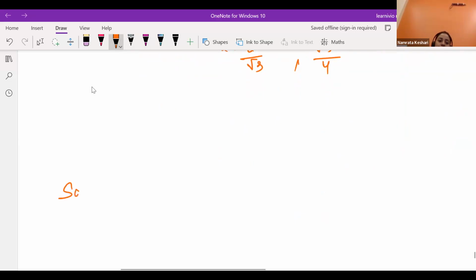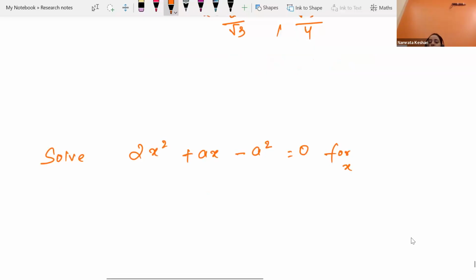Solve 2x square plus ax minus a square is equal to 0 for x. Here we will see whether we can use the splitting the middle term concept or not.